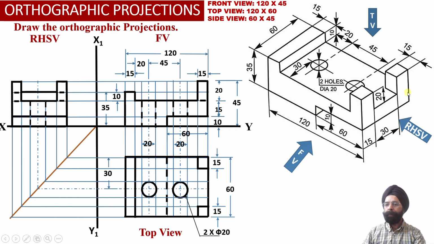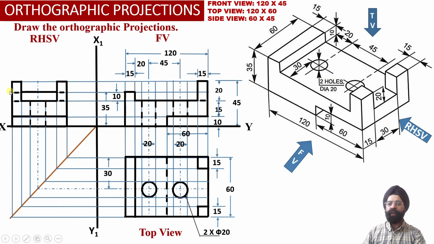So the true shape of this face has been obtained. We can check, the true shape of this face has been obtained in the right hand side view projections. The true shape of this rectangular face has been obtained. The true shape of this vertical face has also been obtained in the right hand side view projections over here.